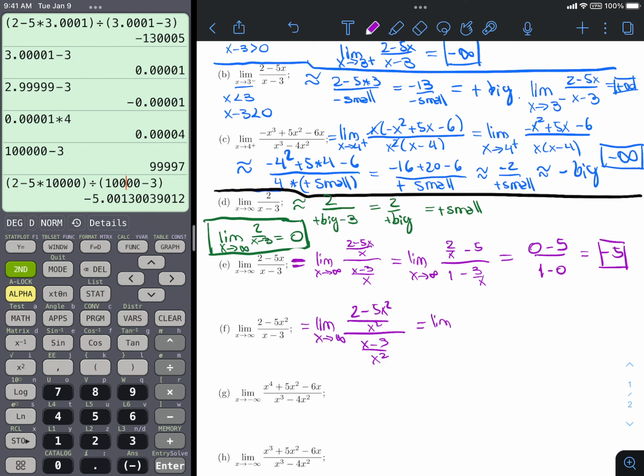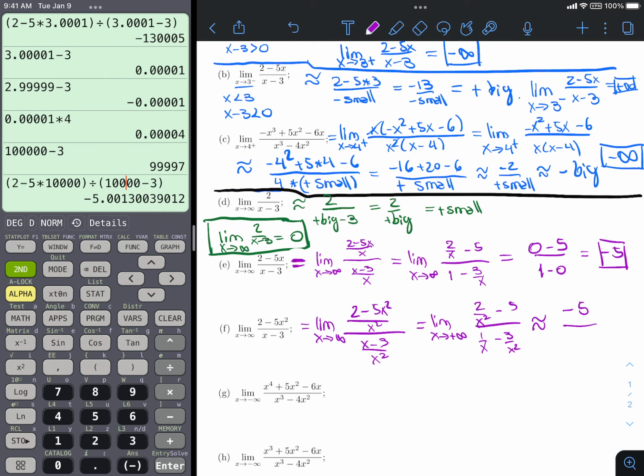So that will be limit x goes to plus infinity. So 2 over x squared minus 5, and bottom is 1 over x, right, because we're dividing these. And then minus 3 over x squared. So now I don't have a clear number that I get because, well, this is going to be about a negative 5 on the top, but then the bottom will be about a 0.